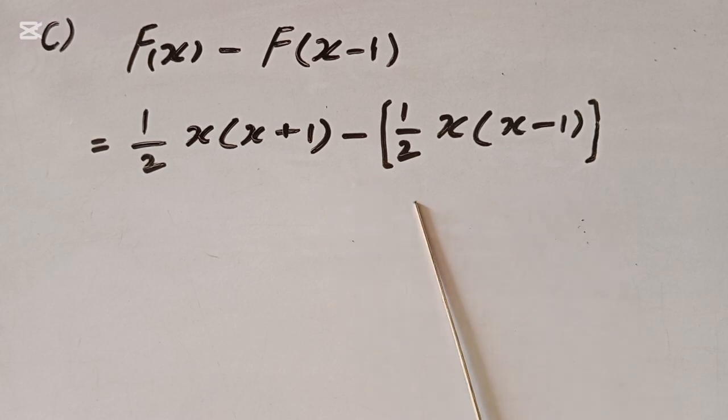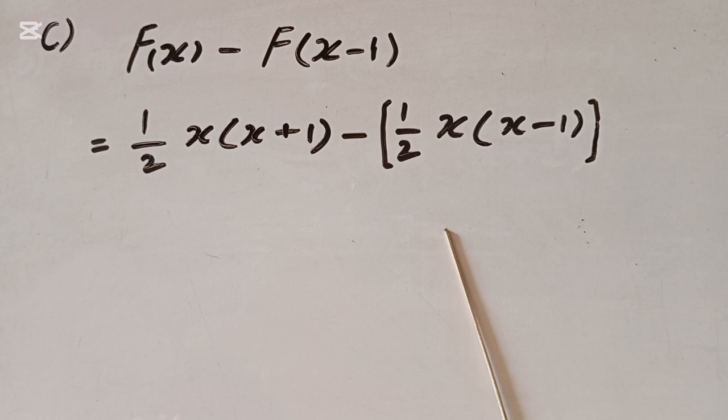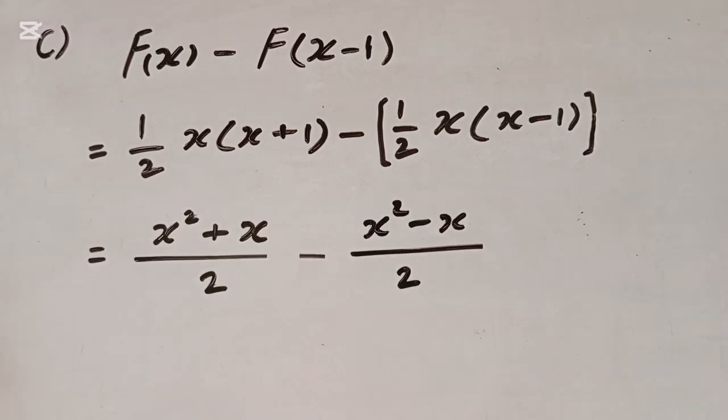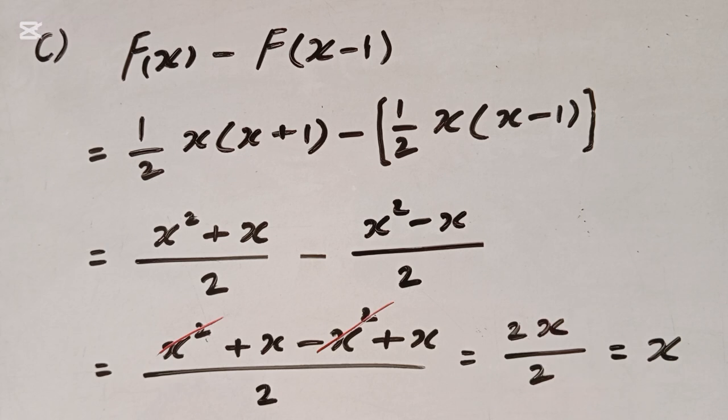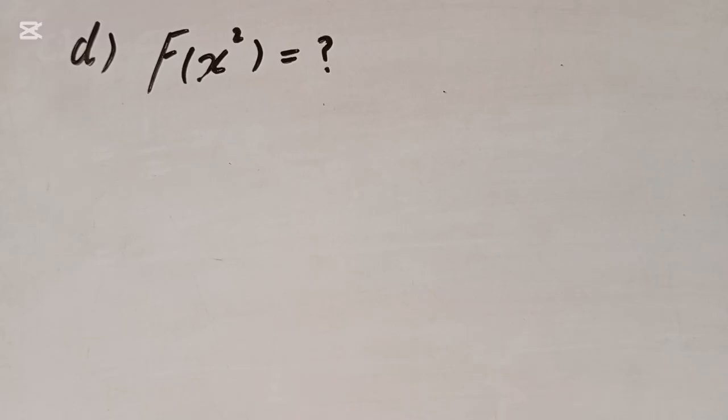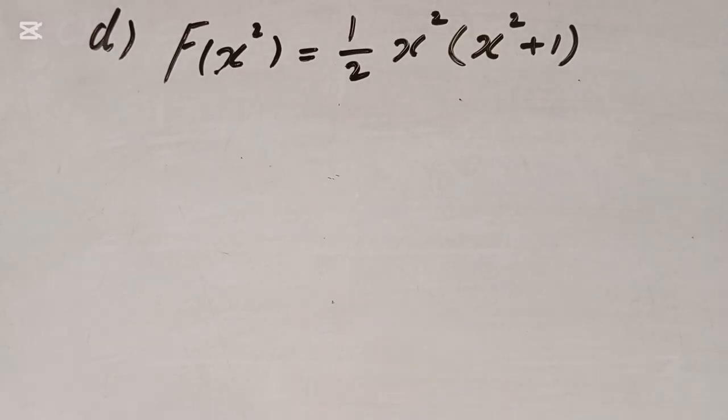We have done it in the previous part, part A. Now we will solve it. Now x square is cancelled out with minus x square, and the final result we have got is x. In part D, we have to find out f(x square). This way we have solved it for f(x square).